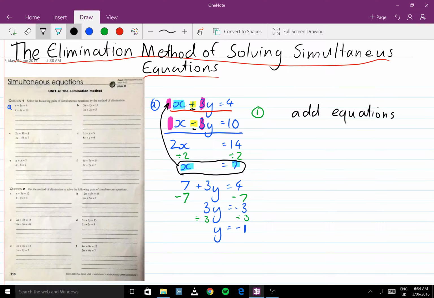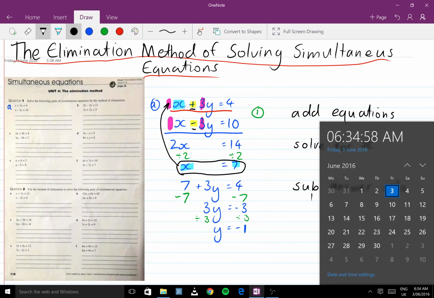And then what you do is you solve for x, or whatever value is left over after the elimination. Then you substitute your answer into one of the original equations.